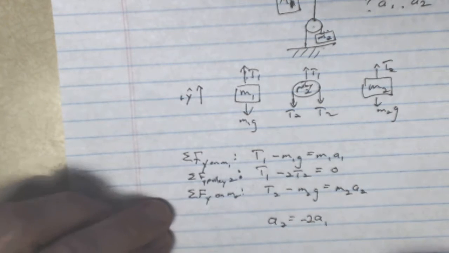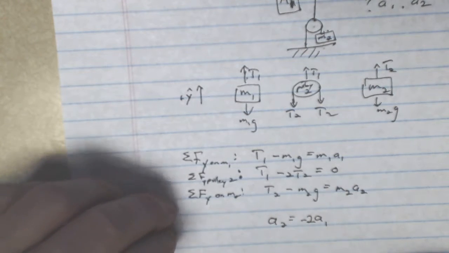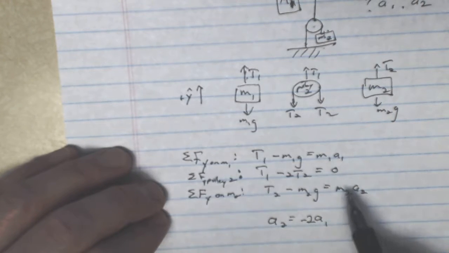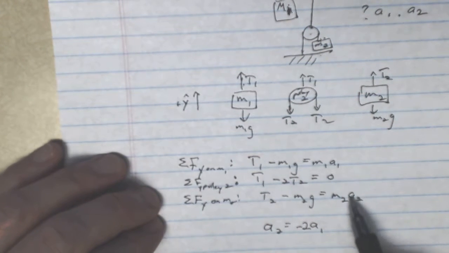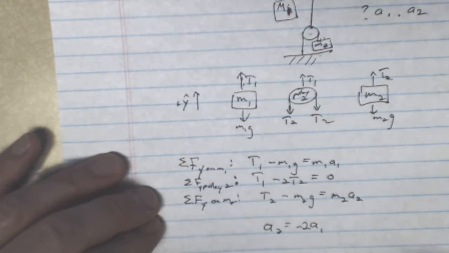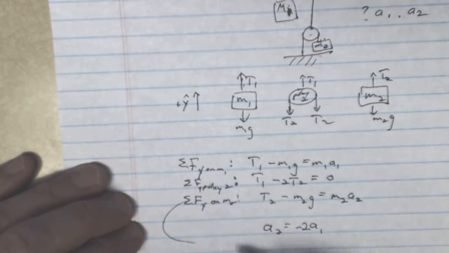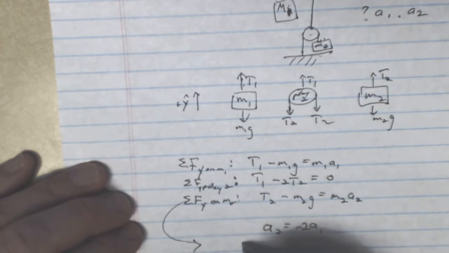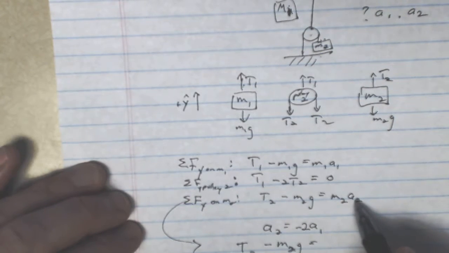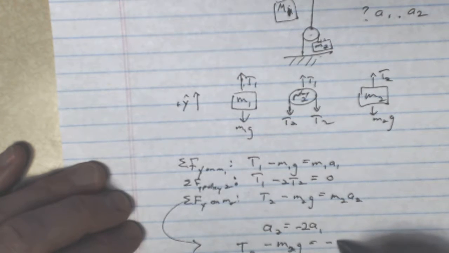So let me start this algebra problem by eliminating A2 from this expression, because I have A2 equals negative 2A1. So I can take this and replace it by T2 minus M2G equals, instead of M2A2, I have negative 2M2A1.